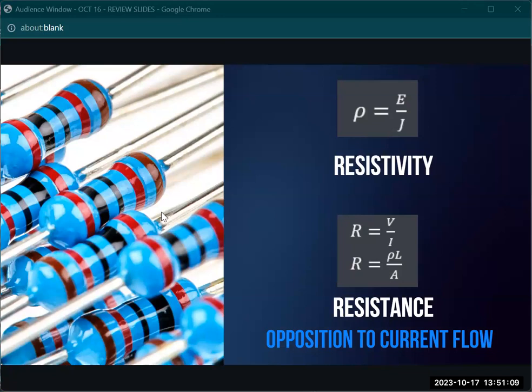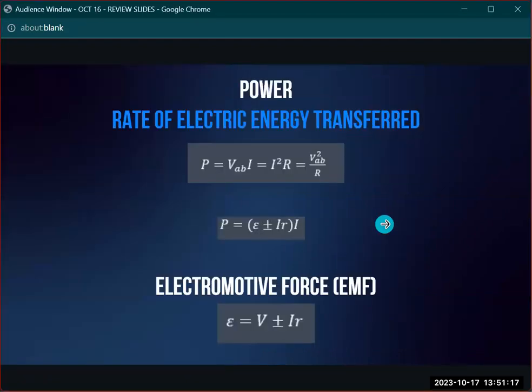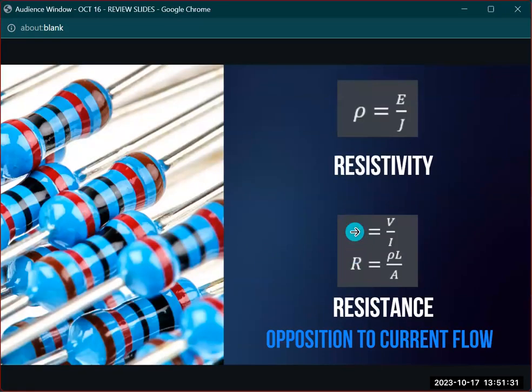Tapos, through that, we can get the resistance, which is proportional to the length and inversely proportional to the area. Thus, we have power, which is just voltage times the current. And here are the other equations where you can get the power to modify Ohm's law. Ohm's law, by the way, is just resistance equals voltage over current.